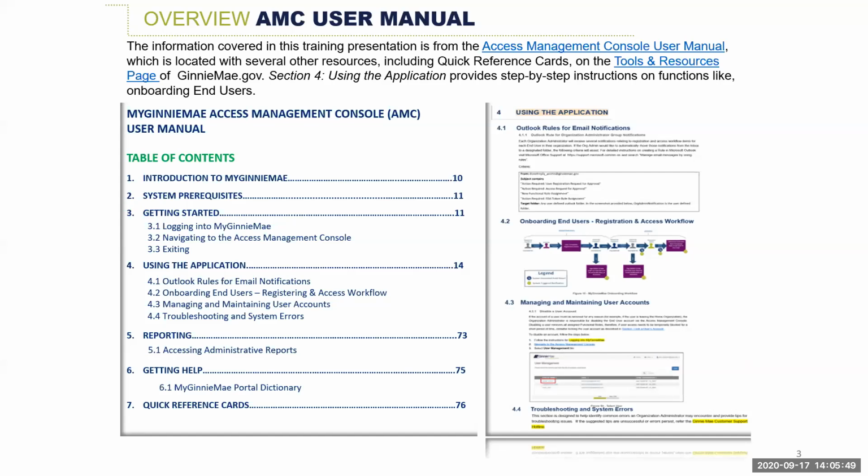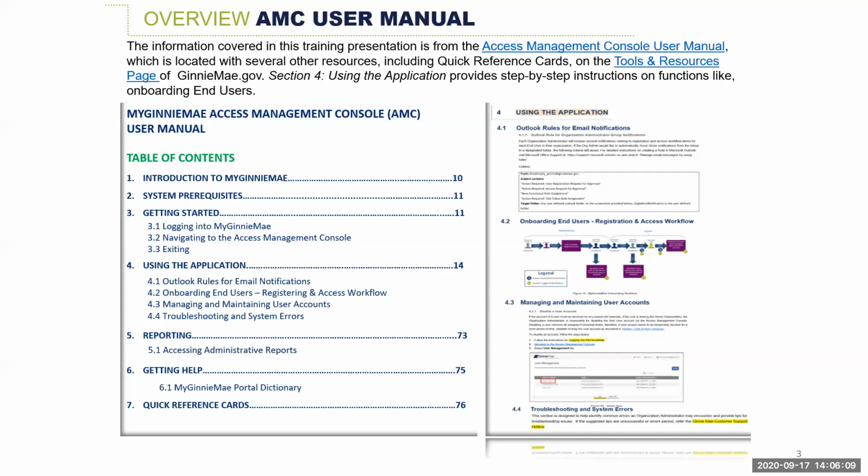For our organization administrators, you'll want to clue into the Access Management Console User Manual. The Access Management Console is the application that you use to onboard and manage users in MyGinnieMae. It's also where you will access reports, which we'll go over in the second half of the presentation today.